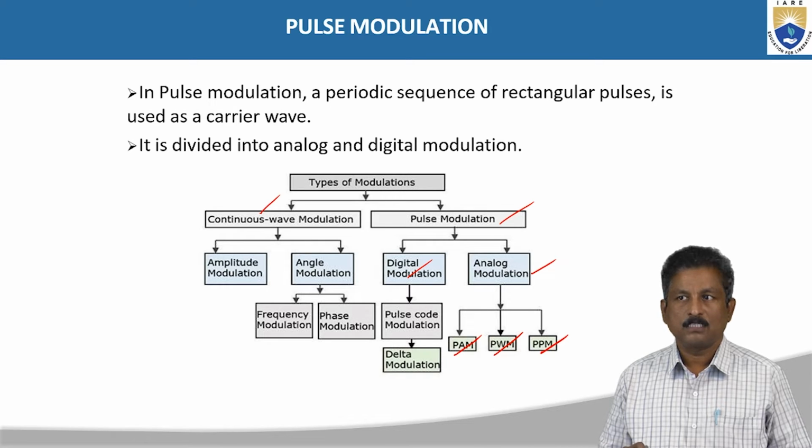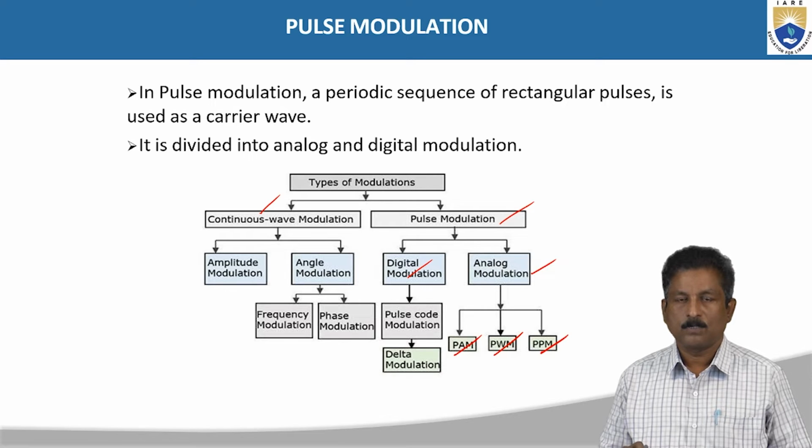Based on the variation of these parameters, you get that type of modulation: amplitude modulation, frequency modulation, phase modulation. Under pulse modulation, here also we consider three parameters because there are three types of modulation techniques.